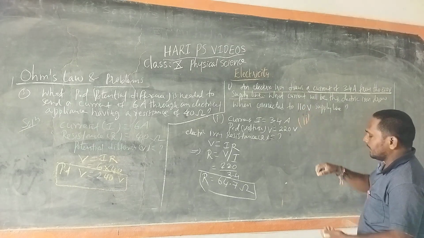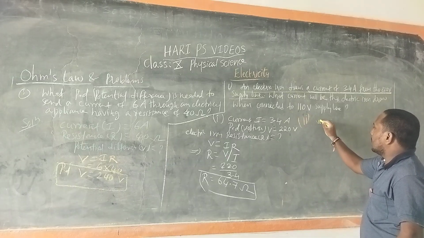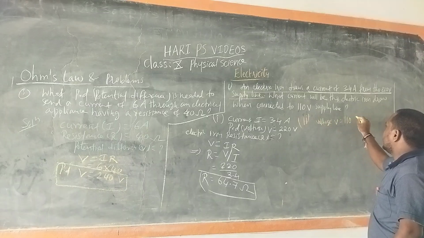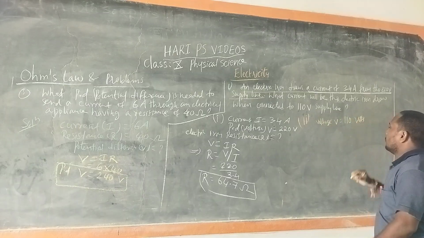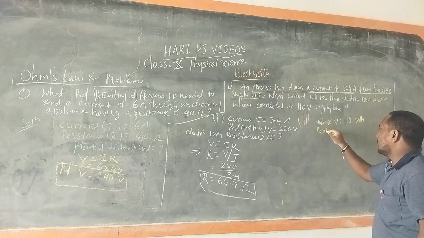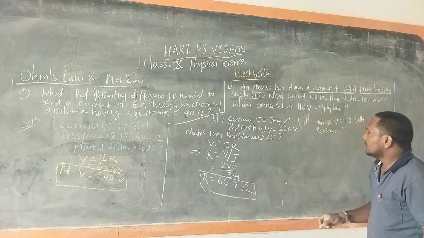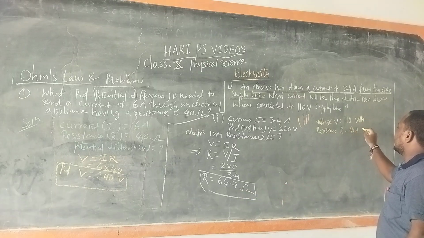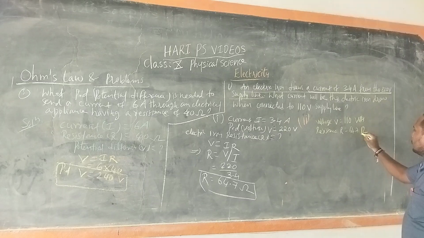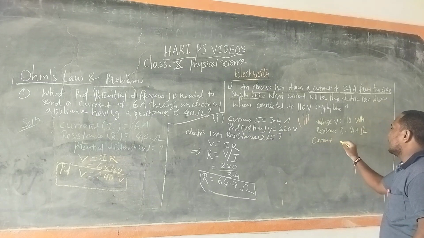So, coming to the second part. Potential difference or voltage V is equal to 110 volts. Resistance, as we know, R is equal to 64.7 ohms. Then what we need to find?